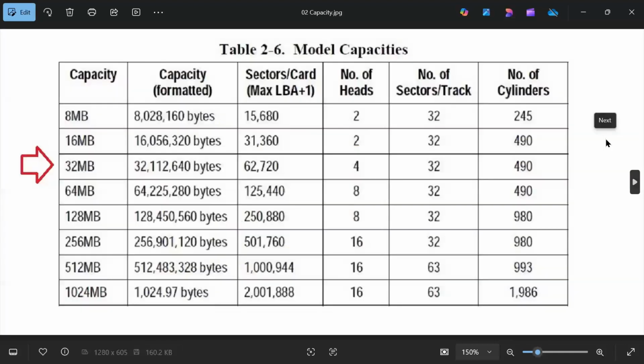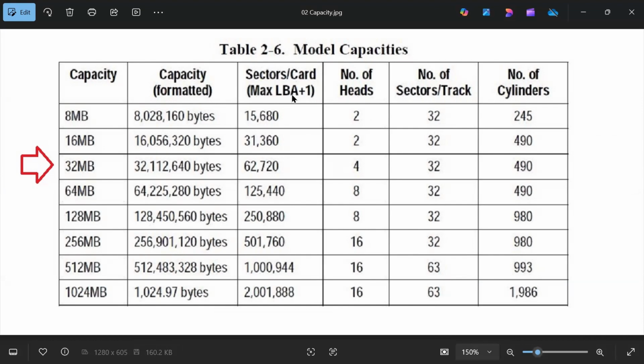Okay, so compact flash supports a lot of different capacities of flash drive, and we're going to go with 32 megabytes. And we introduced the concept of LBA in the last two videos of our file system, or logical block address.